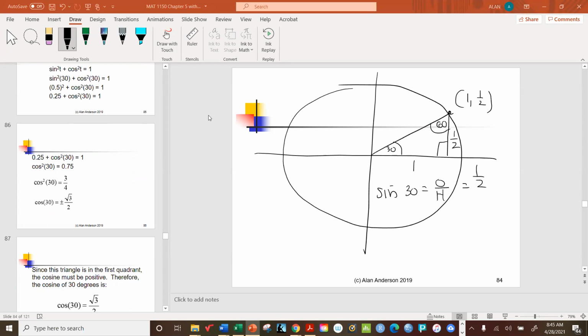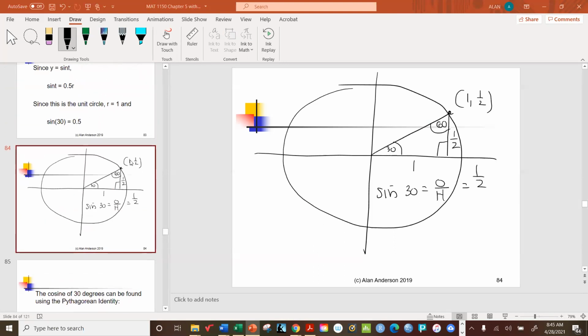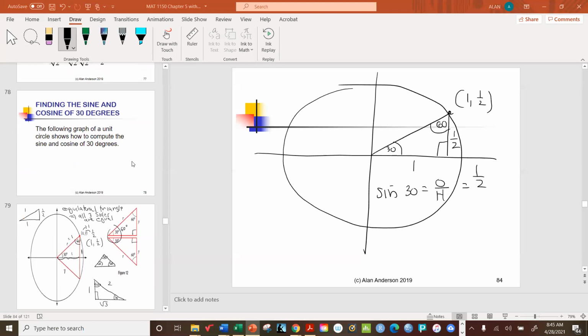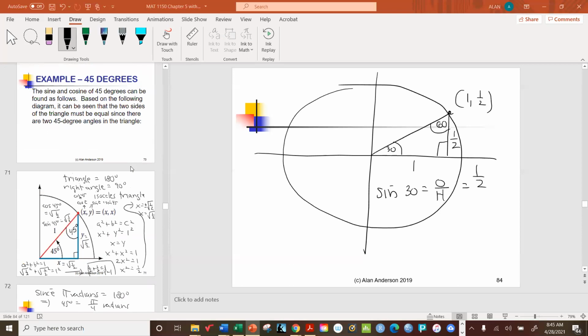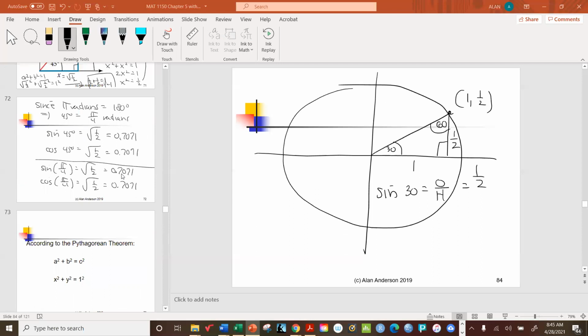X. Did I not draw that correctly? Let's see. I want to make sure I didn't make a mistake here. Oh, yeah, I did draw it wrong.